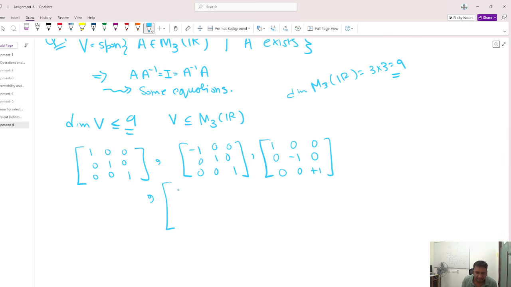All these matrices that I'm writing are invertible. You can check. Then you can have 1 here and say minus 1. So if you see these four matrices, I'm not solving this question fully because this is very interesting. These four matrices may be linearly independent, you can check.